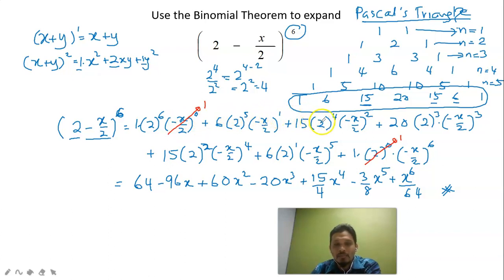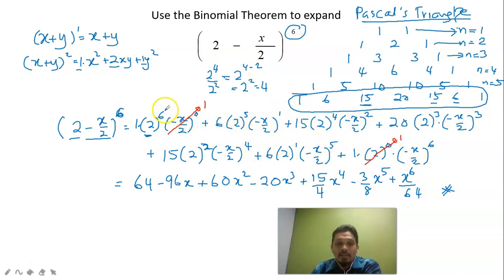The next term, 2 to the power of 5 becomes 4, and negative x over 2 goes 0, 1, 2. So the first term of 2, from the highest degree of n, which is 6, decreases 1 by 1: 2, 1, 0. And the second term, negative x over 2, from the power of 0, increases 1 by 1.